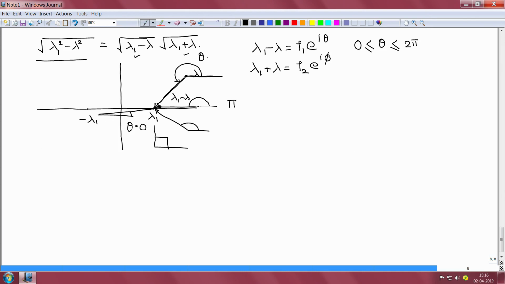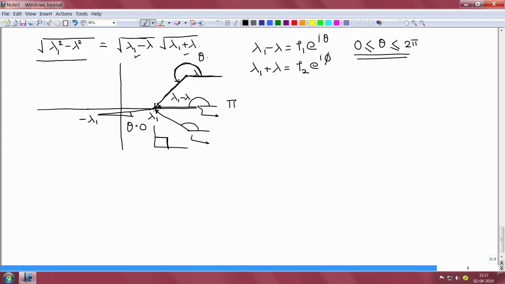You draw a horizontal line from lambda, and the angle it makes with the phasor from the horizontal is theta. So if my lambda is over here, theta is pi. If lambda is over here, theta is less than pi. Here theta is pi by 2 and it begins with theta 0. So those are the limits on theta.